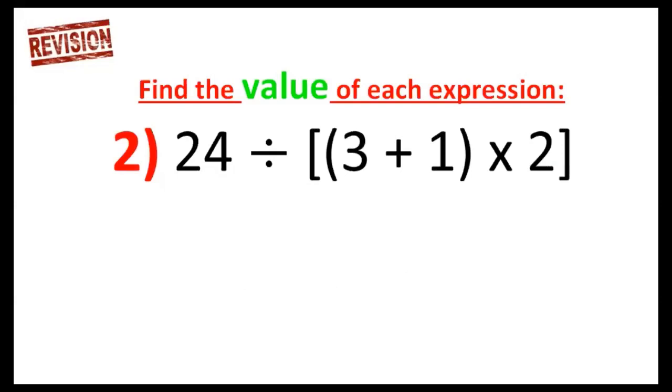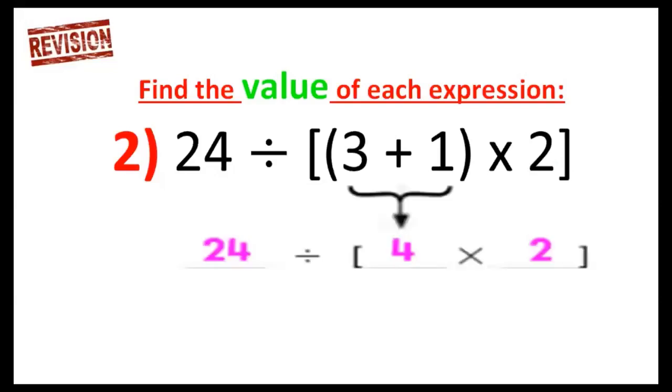And we have a complicated one here, with two operations inside the brackets. I'm going to start from inside to outside. The first bracket inside will be 3 plus 1, which equals 4.